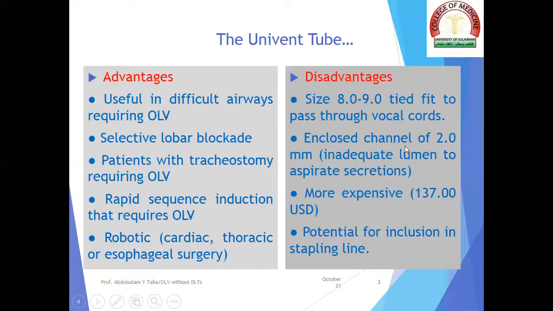The enclosed channel of 2 millimeters is inadequate lumen to aspirate secretions, and it is more expensive. The cost of the Univent Tube is about $137, and there's a potential for inclusion in a stapling line while doing pulmonary resection.